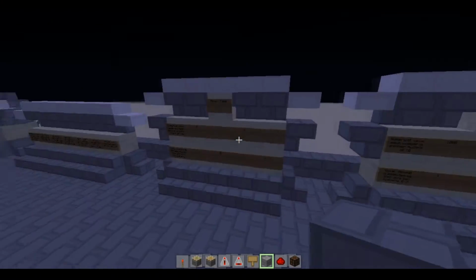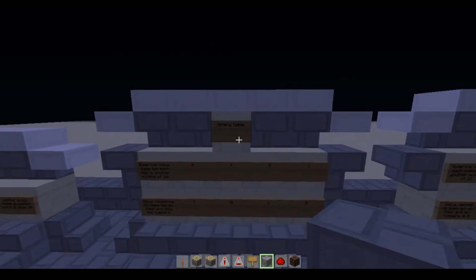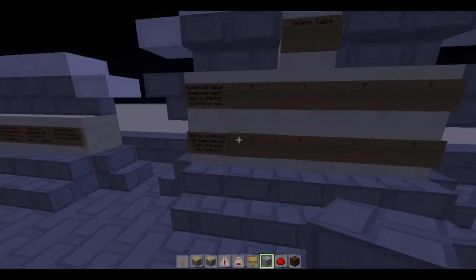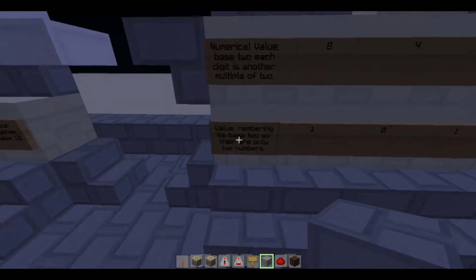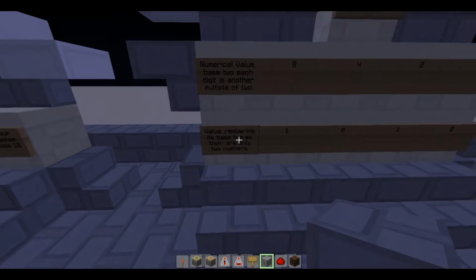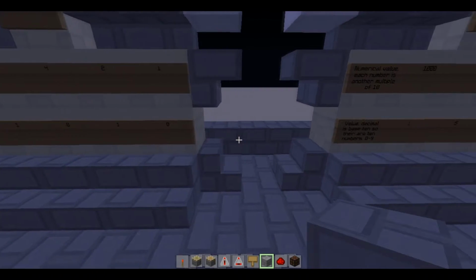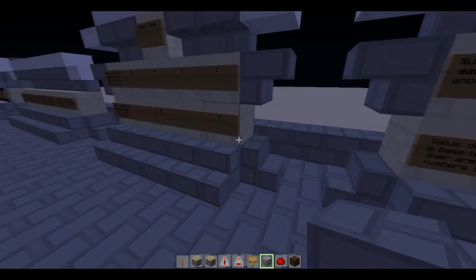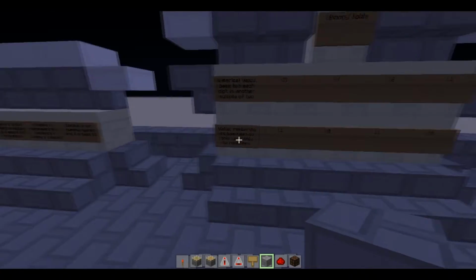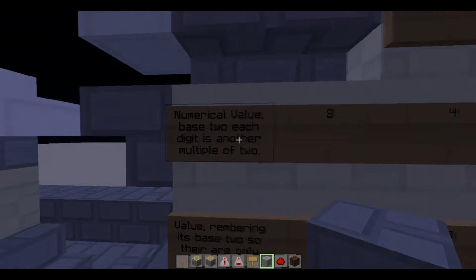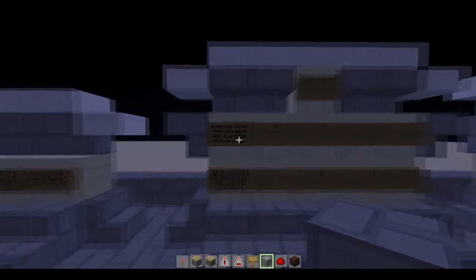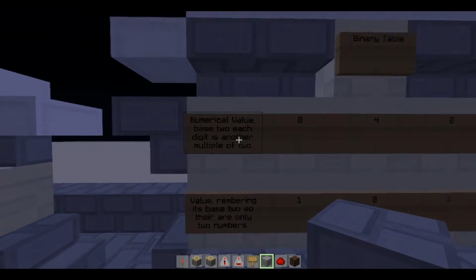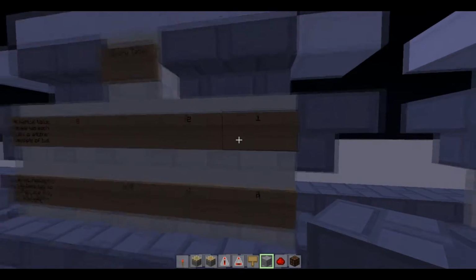So if we look here quickly, we've got the binary table. Remembering it's base 2, there are only two numbers, and they are 0 and 1. And then the other part was the numerical value. Base 2, each digit is another multiple of 2, and it always starts at 1.